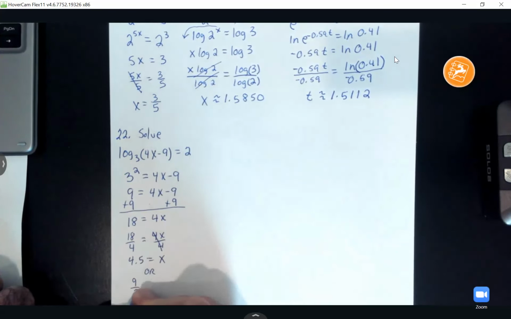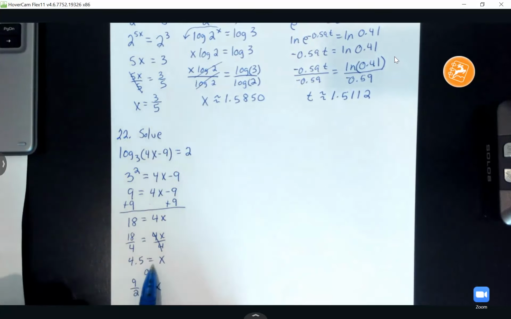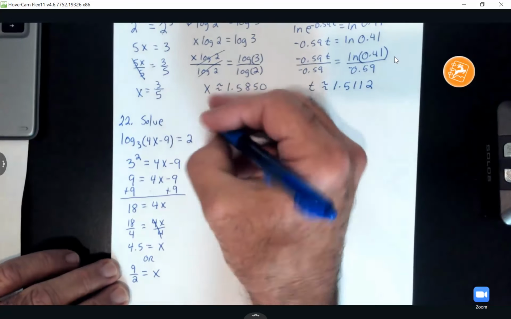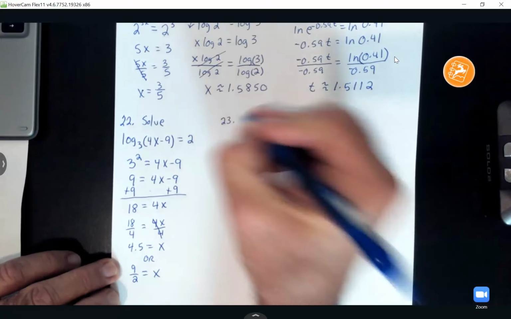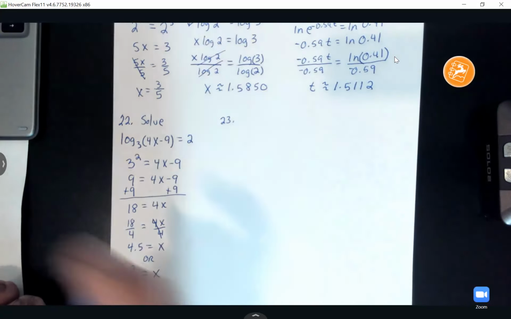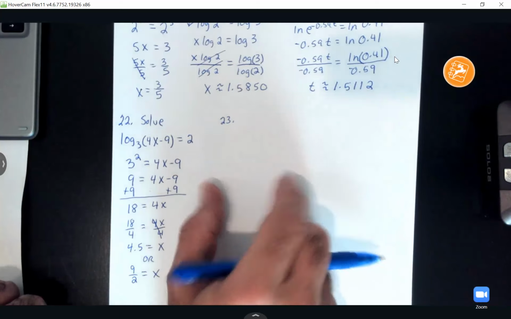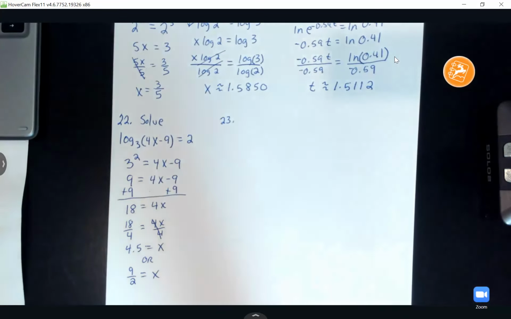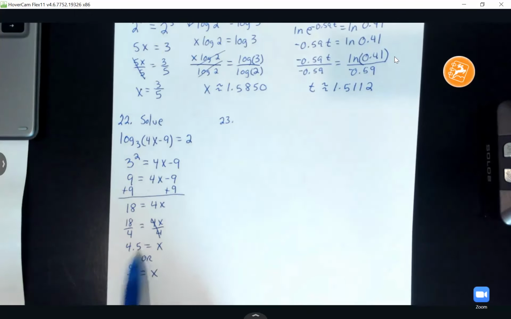So it will take 9/2 equal to x also. So y'all, either way on that one, okay? When you know you got to put a fraction under the answer blank, it'll actually say type of fraction, or integer or something like that. When it don't say nothing like that, it will take decimals, okay?